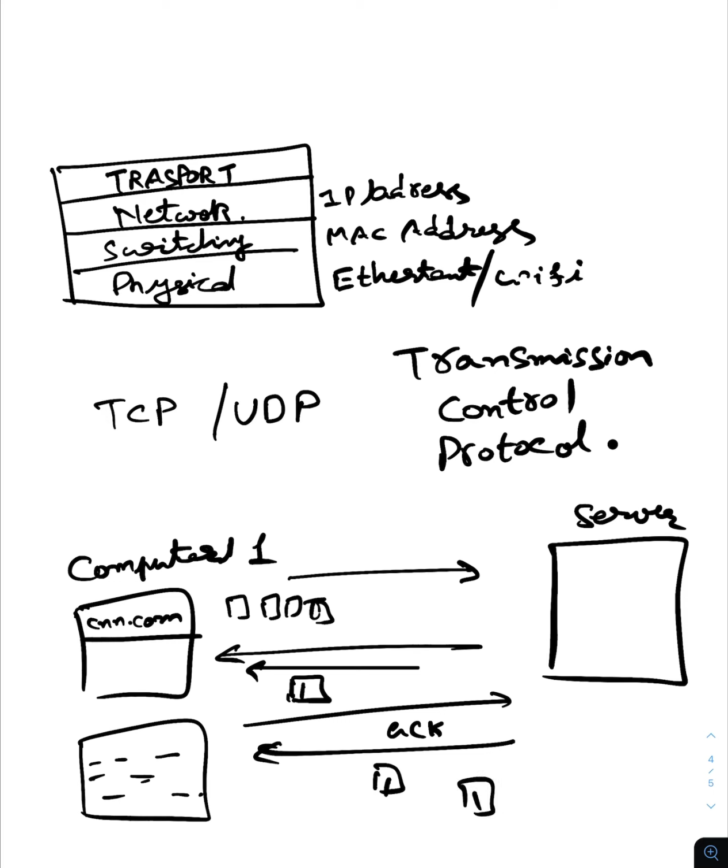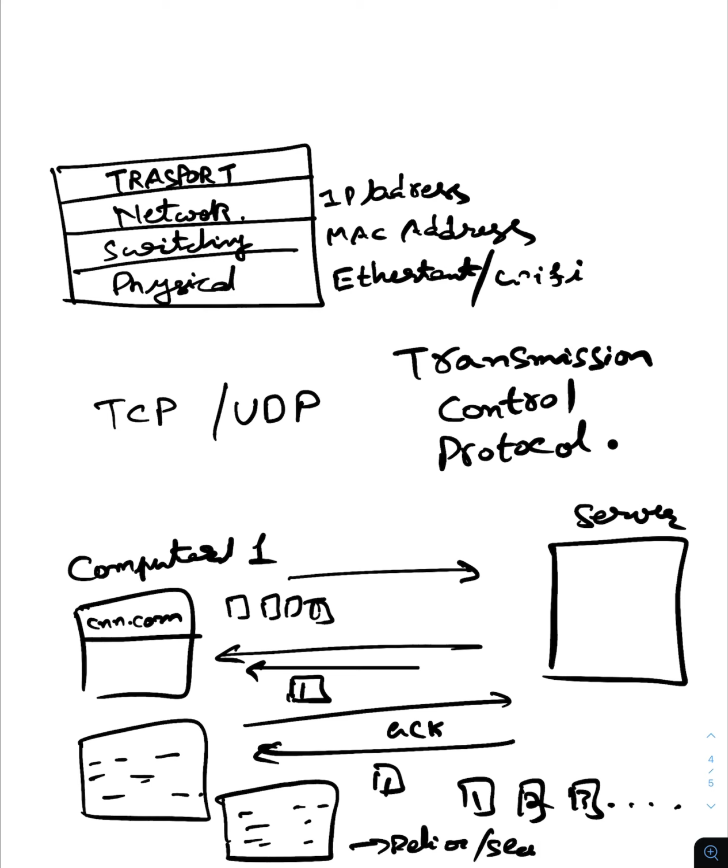Once all your data packets, data packet one, two, three, are received, they are rearranged to give you the news. And this is reliable and secure, as the computer requests the server for the data packets which are missing.